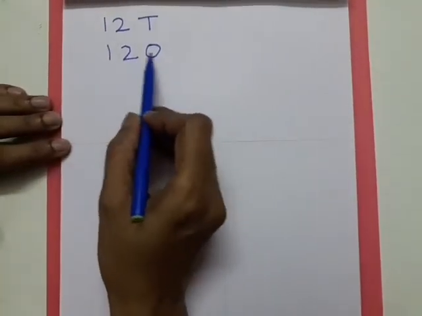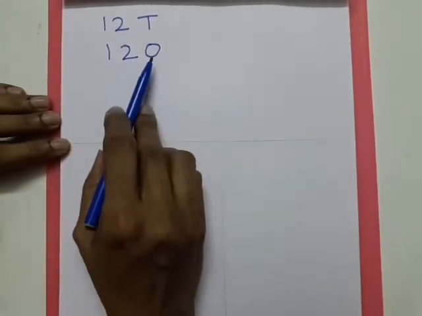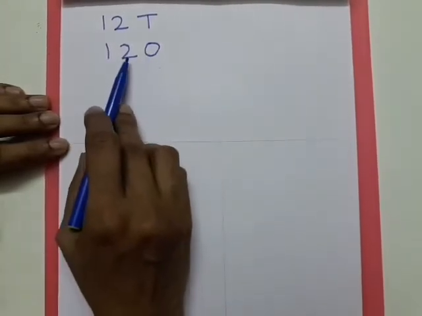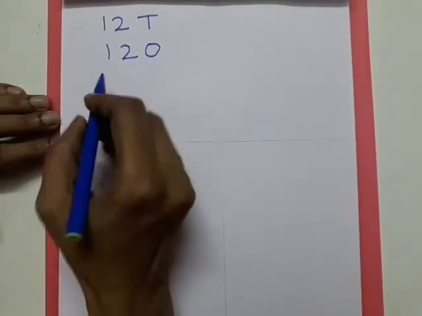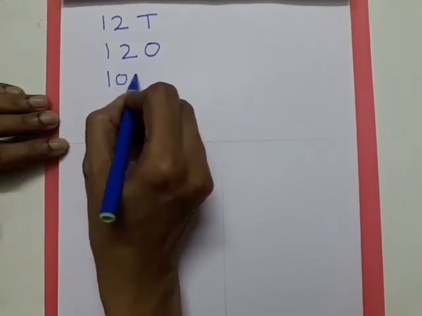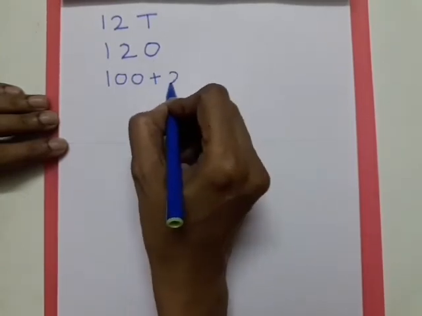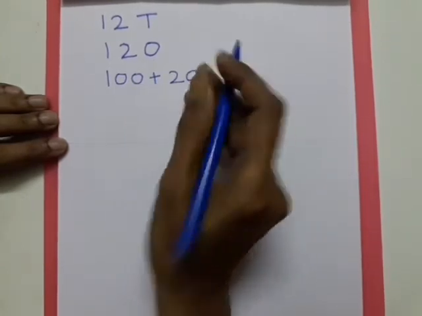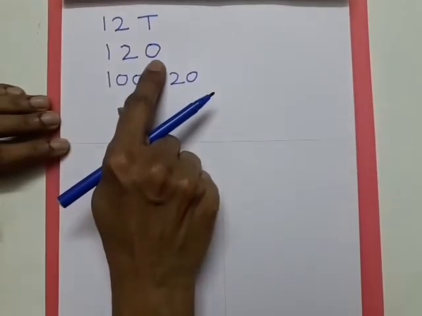Now 120 means, now see here, this is the units place, this is the tens place, and this is the hundreds place. So we will write it as 100 plus 20. So 100 plus 20 is 120.